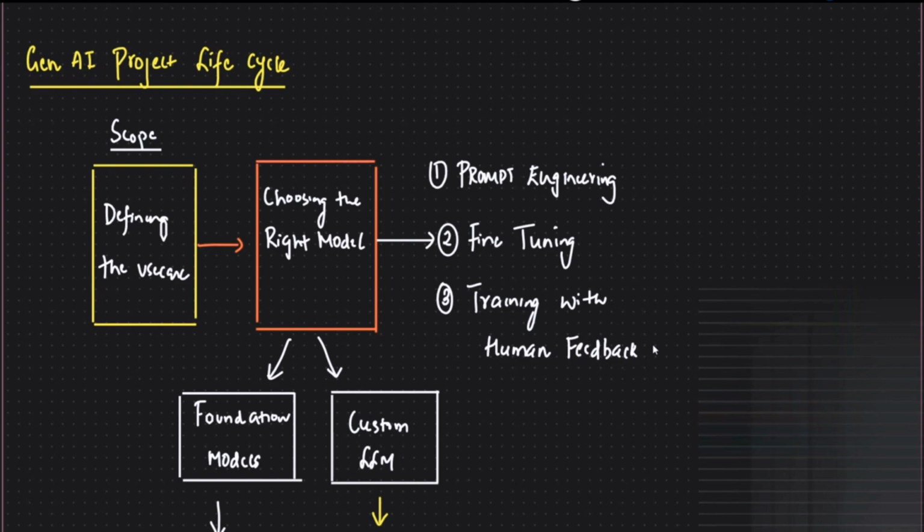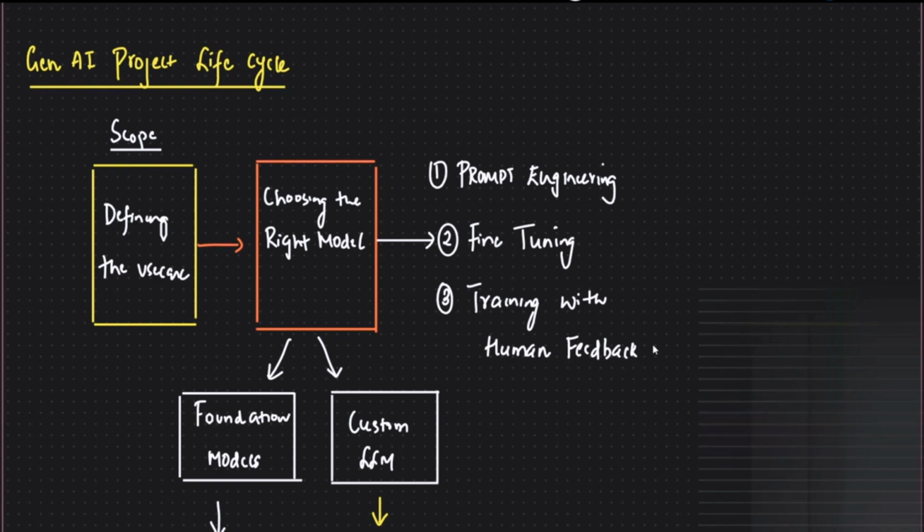You can go over there. How to do fine tuning, that also I've shown you. The reason I'm showing you this generative AI project lifecycle is that in the upcoming videos in the AWS series, you'll be seeing all these steps going ahead.